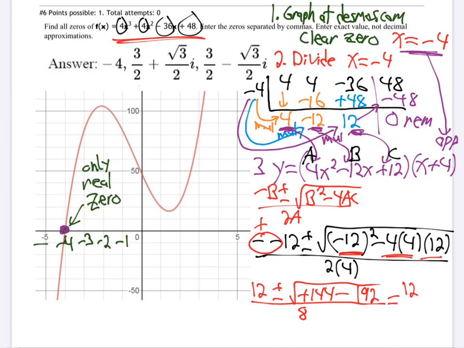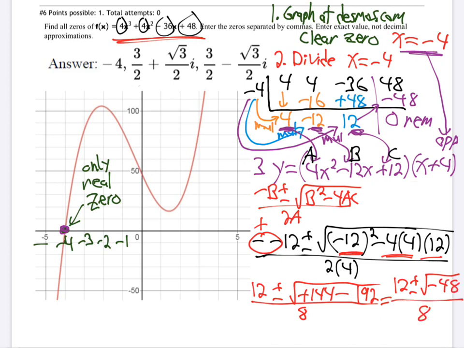And so that's 12 plus or minus the square root. Kind of running out of room here. Maybe I better try to squish it a little better. So this is 12 plus or minus square root of negative, what's 144 minus 192? Minus 48? Right, it's coming out negative in the root.